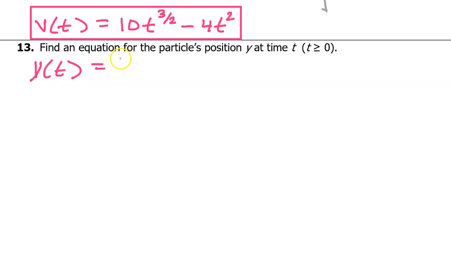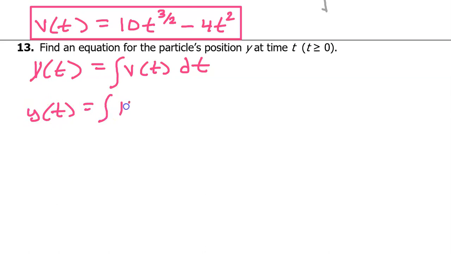The position will be the integral of the velocity function. So substituting in what we have here, y of t will equal the integral of 10t to the 3/2 power minus 4t squared dt.